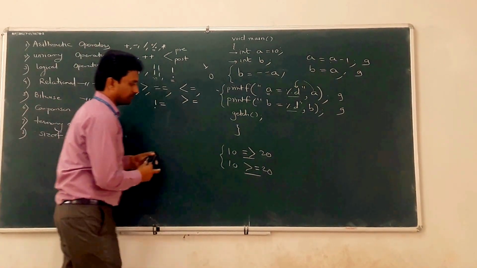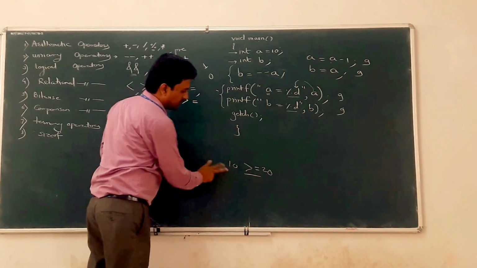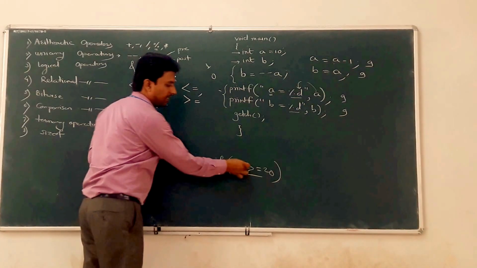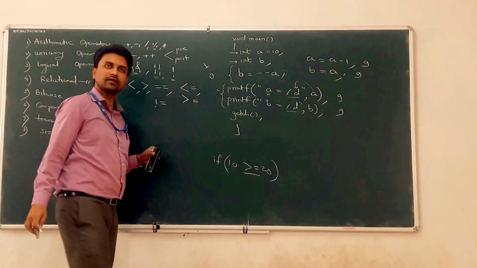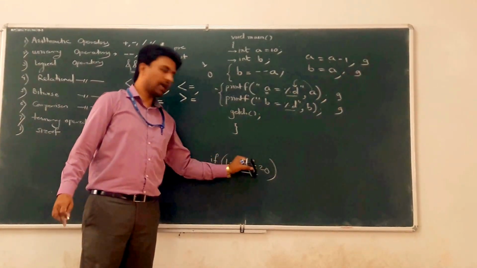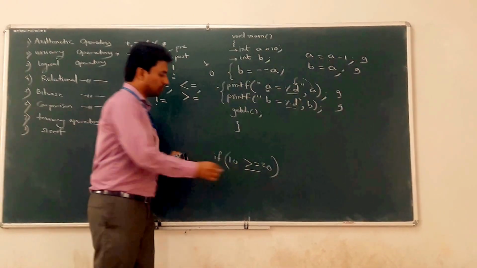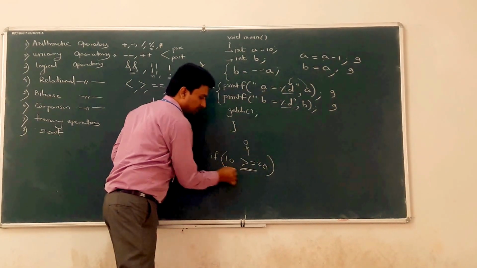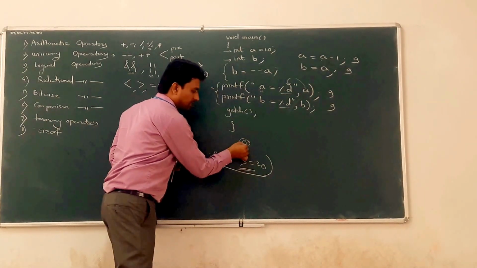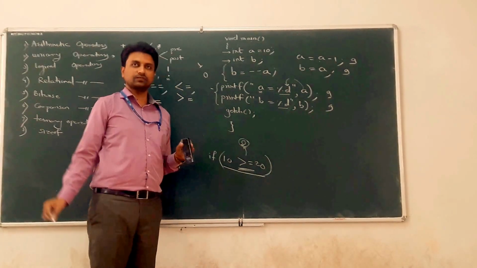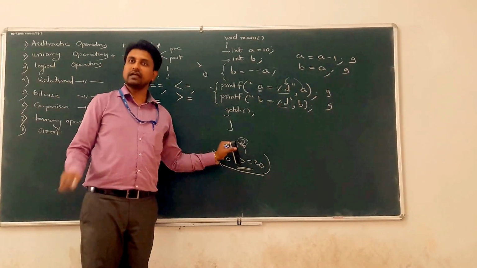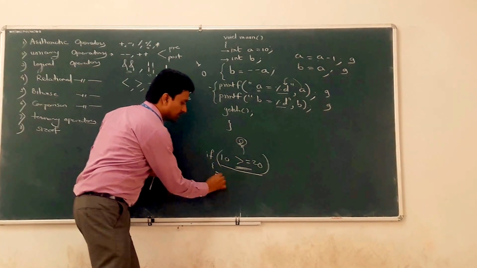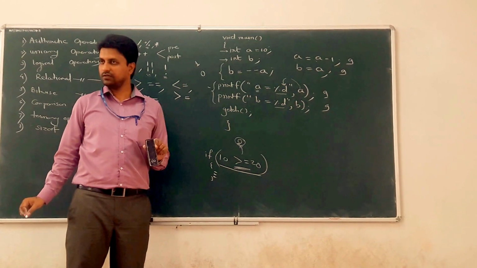For example, this is one condition. If A greater than equal to 20, is it? No. So what does the relational operator return? False. False means 0. At runtime, if 0, that is false, then whatever is written in the if part does not get executed.